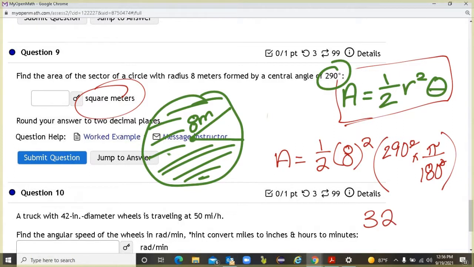And then 290 over 180, so this is times 29 over 18, pi. I didn't mean to actually put that in the calculator. And 32 times 29.